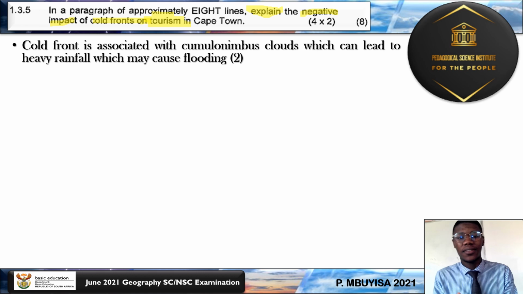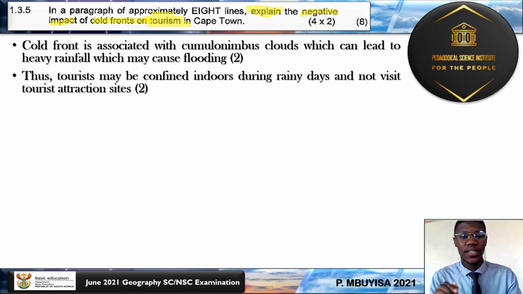Reason number 1, possible negative impact. The cold front is associated with what? Cumulonimbus clouds, which can lead to heavy rainfall, which may cause flooding. Remember, flooding is a negative impact of cumulonimbus clouds or of mid-latitude cyclones. So when you have flooding, that can have a negative impact on tourism.